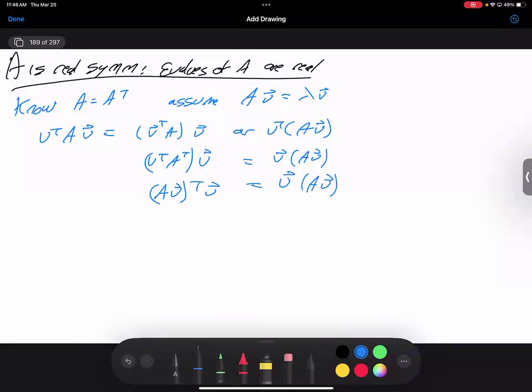And now AV is just going to be lambda V. So V transpose V equals, keep dropping the transposes, is V transpose lambda V. Well, I can pull out the lambda, and this is just V transpose V equals lambda V transpose V. Lambda is complex, and you would have to do the complex.